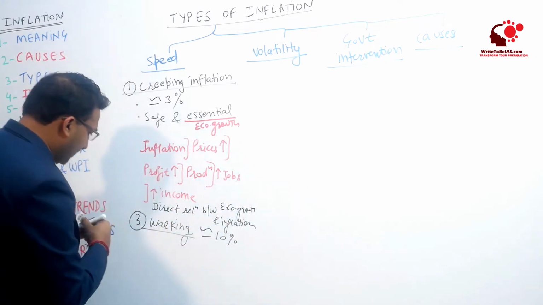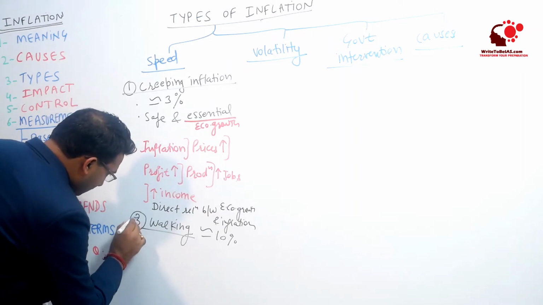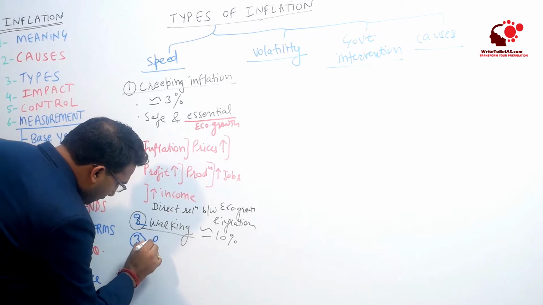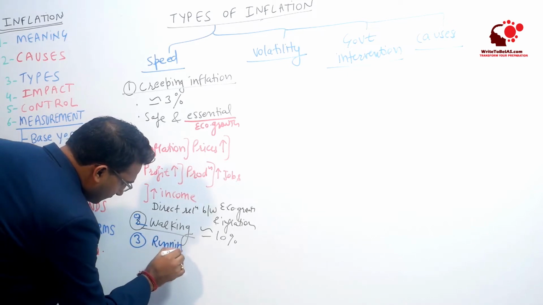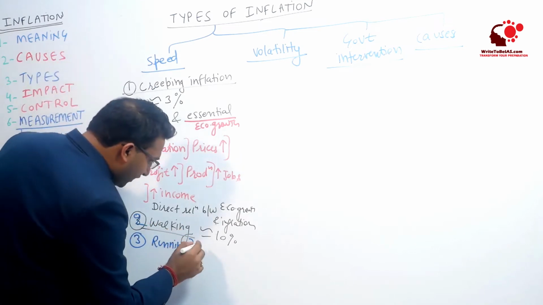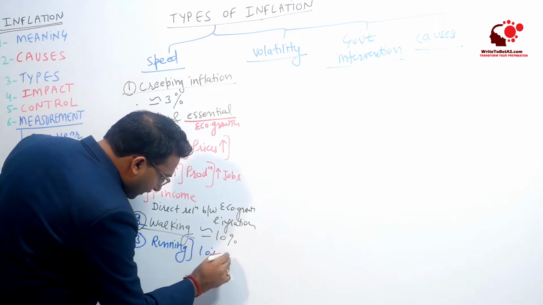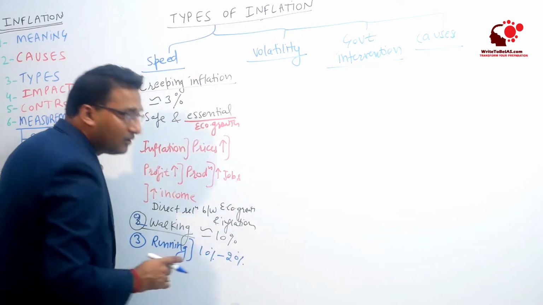The third category is running inflation. Running inflation means when the inflation is more than 10% and up to approximately 20%.